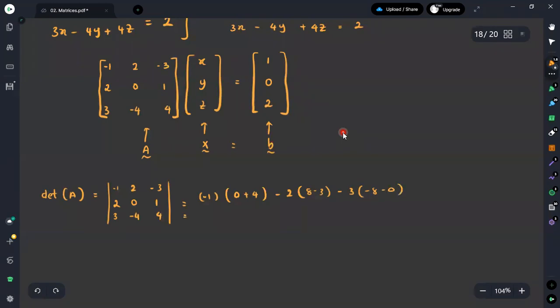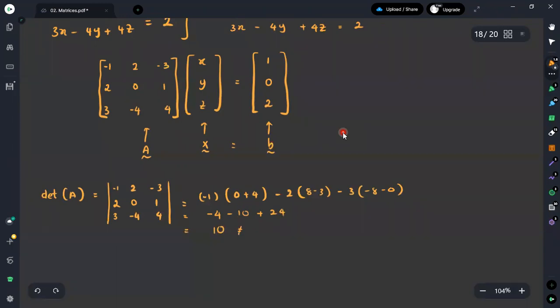If you perform the calculation, you will get -4, then -10, and here you will get plus. Altogether, you will end up with +10.